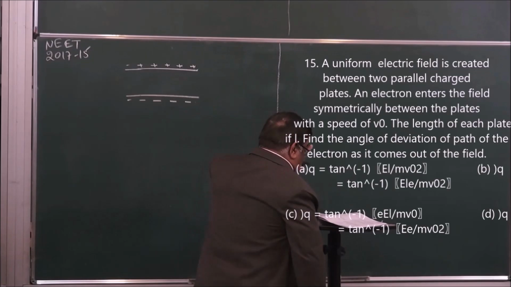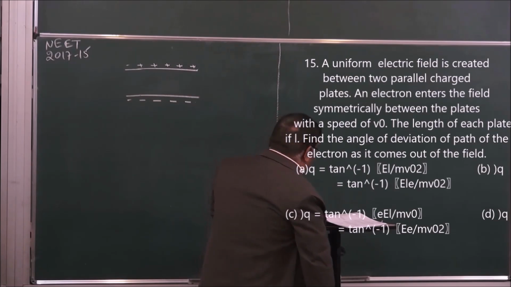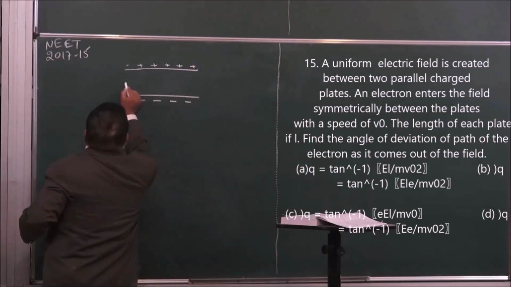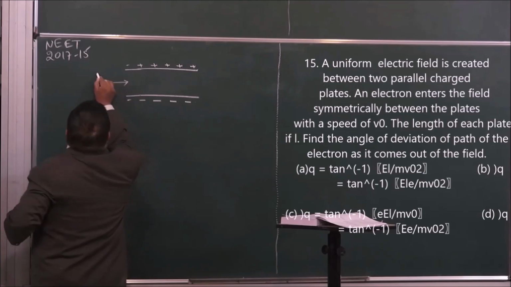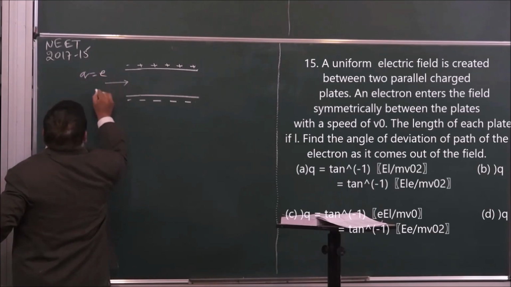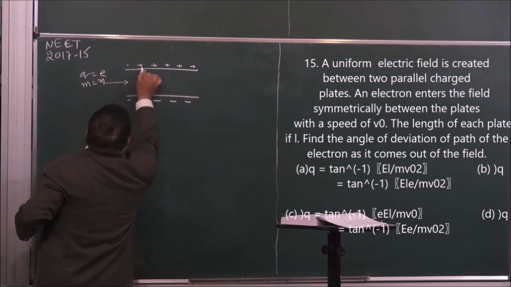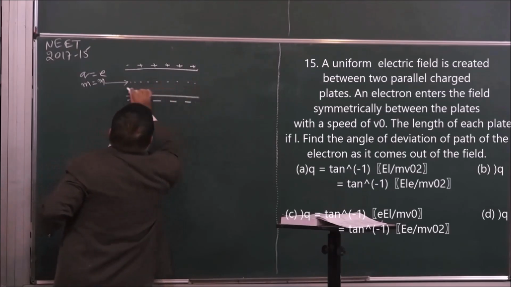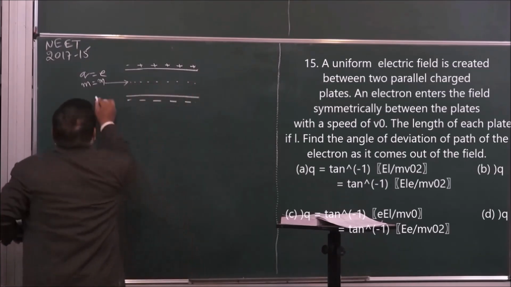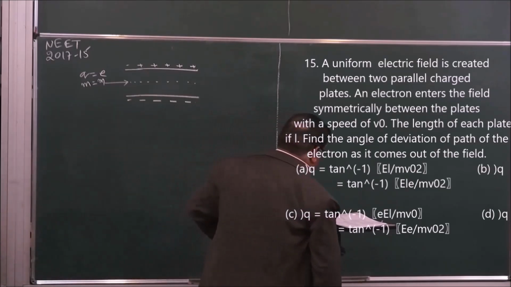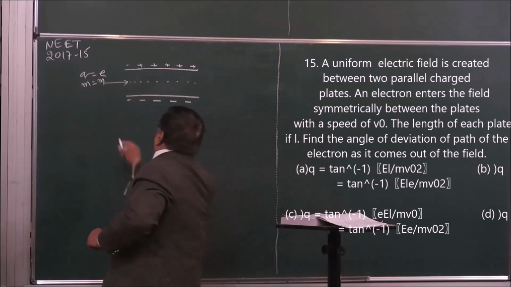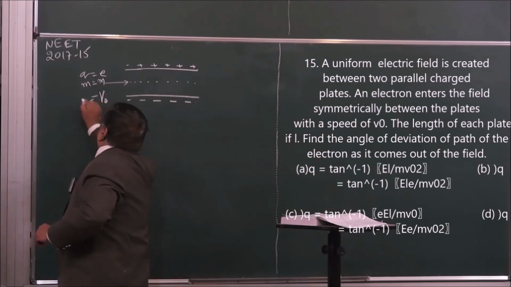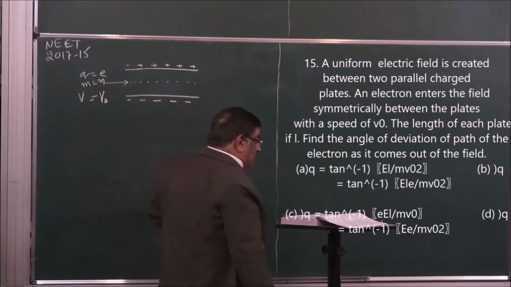Now, they say an electron enters the field symmetrically between the plates with a speed of V0. One electron enters here. This electron has got charge which is equal to e. It has got mass equal to m, and it enters here symmetrically. इसके बीच में आएगा, and it has got certain speed. Okay, it is given to us with a speed of V0. Okay, so this electron enters.